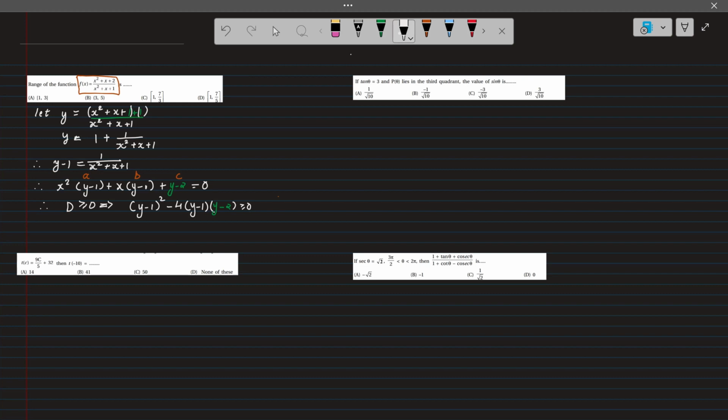We can take y minus 1 as common, since y minus 1 is available on both sides. Inside the bracket we are left with y minus 1 minus 4y plus 8, as we have multiplied minus 4 with y and minus 2 both. This should be greater than or equal to 0.